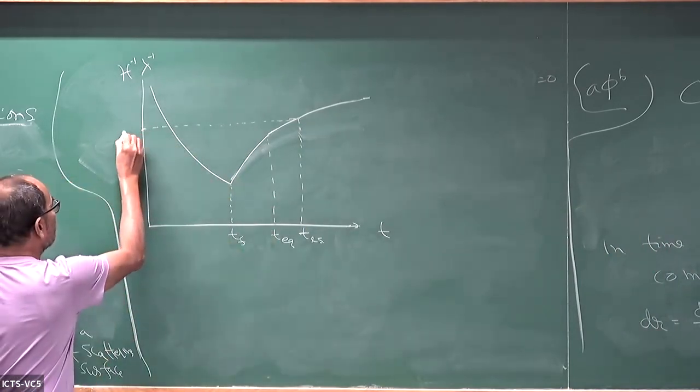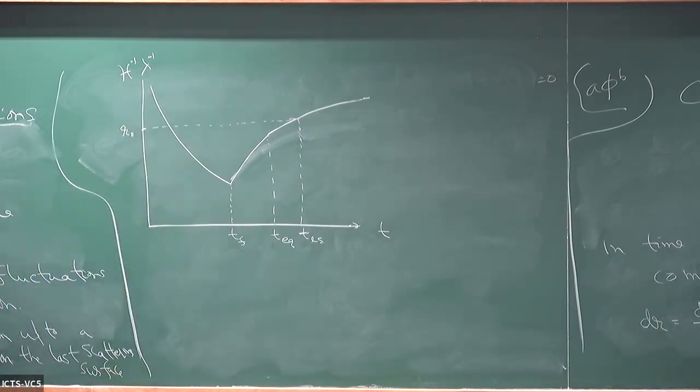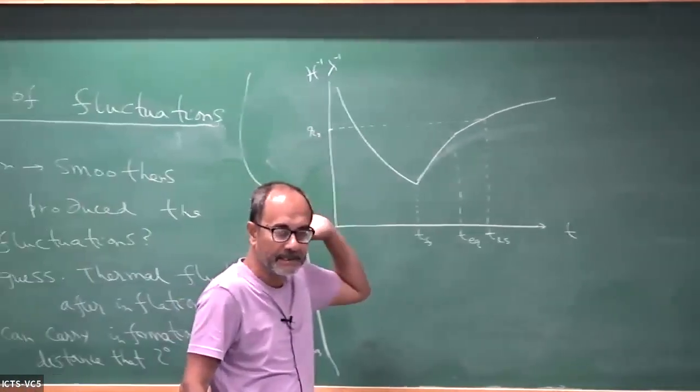Let's call this R naught, the value of H inverse lambda inverse at the time of last scattering. So this R naught is something you have encountered before. What is the significance of R naught?